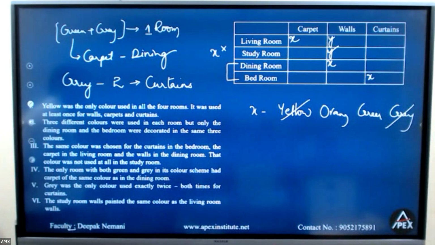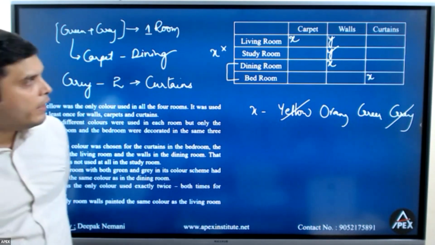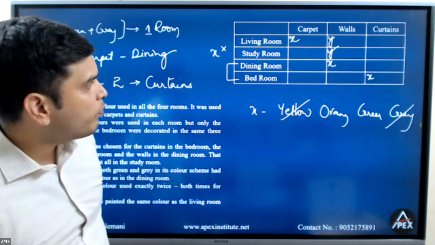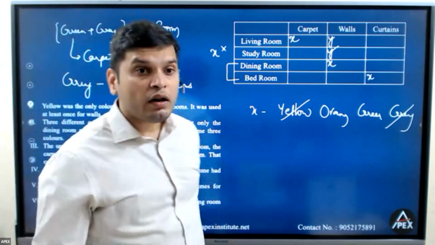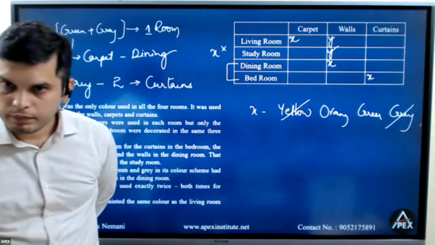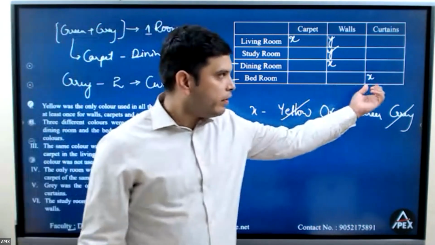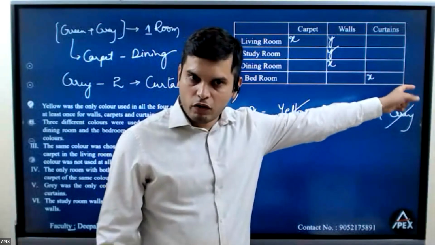So X can be either orange or green. Then, gray cannot be in the dining room and bedroom. Why not? This cannot be gray, so gray is not here.